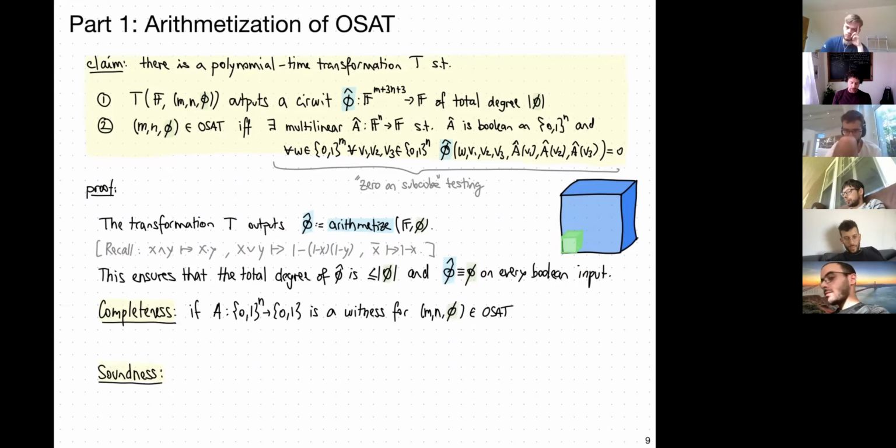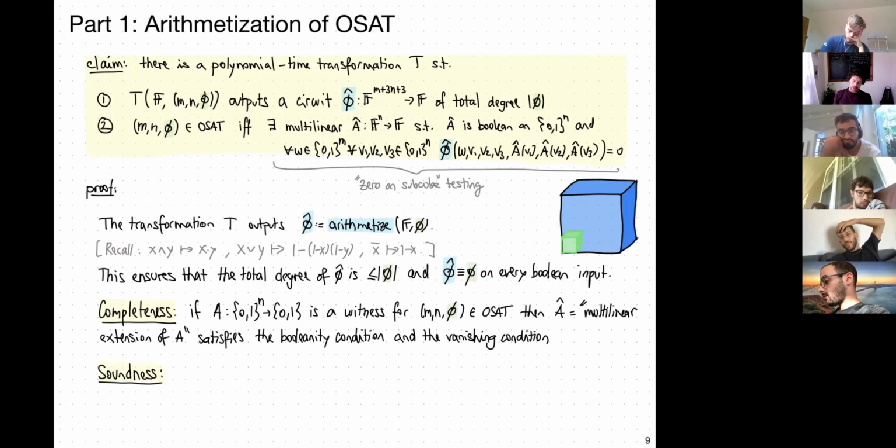So if we had some satisfying assignment for the original formula, then what does it mean? It means that if we take the multilinear extension, the extension of A, it would satisfy the Booleanity condition. I mean, it would take the exact same values on the cube, and these were 0, 1 to begin with.